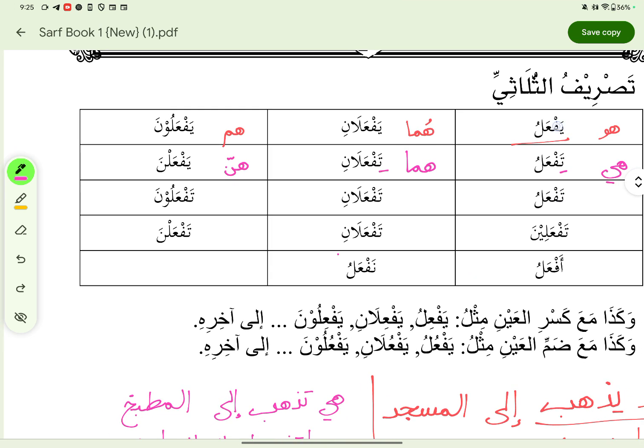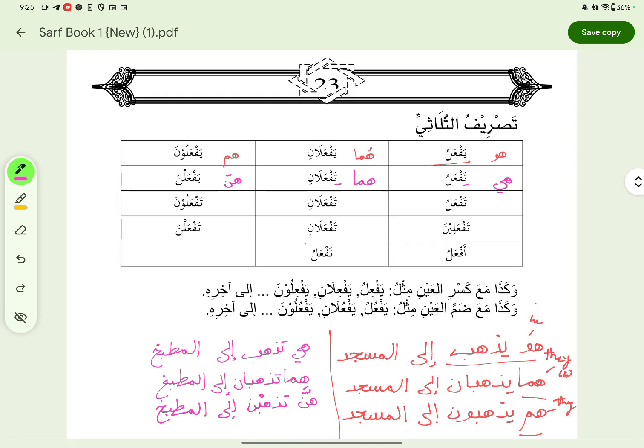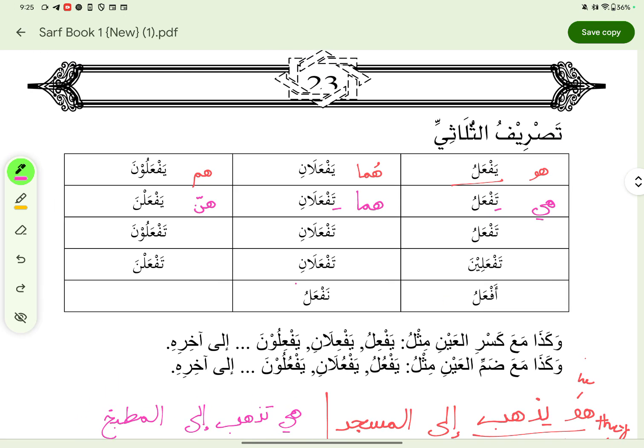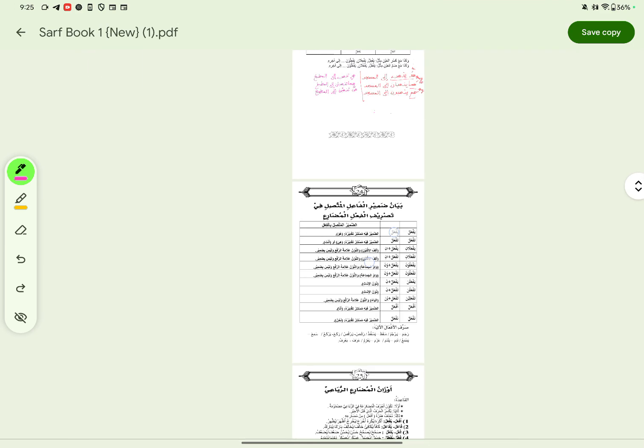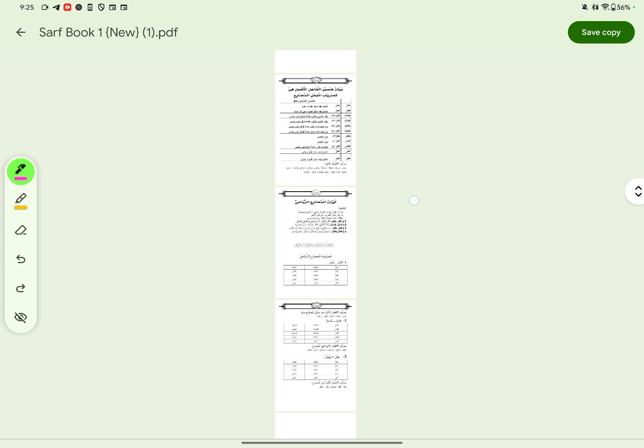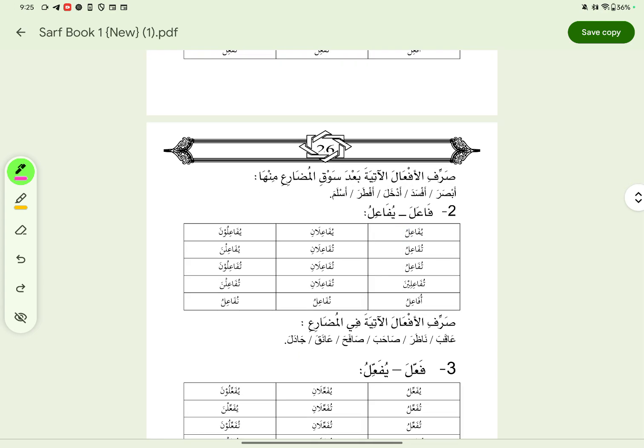Any word I put in here that is a 3-letter verb will go through this exact same form with slight differences. For example, we have some examples at the bottom here, if I'm not mistaken.